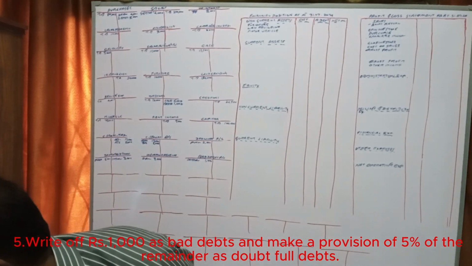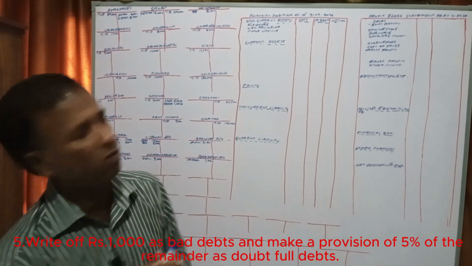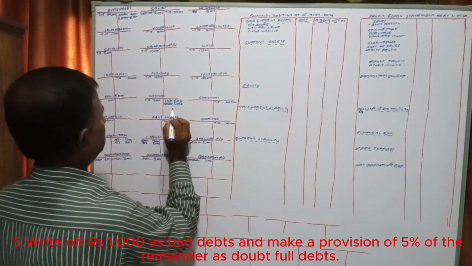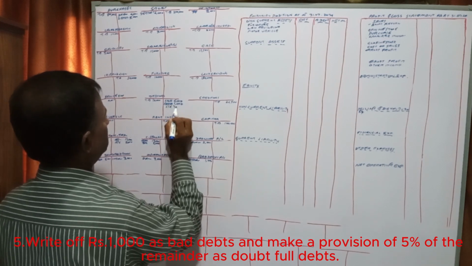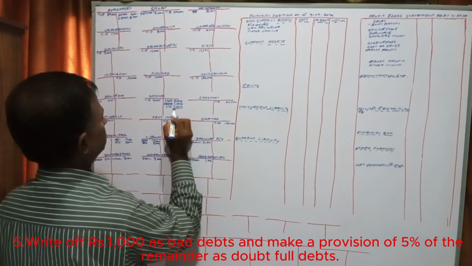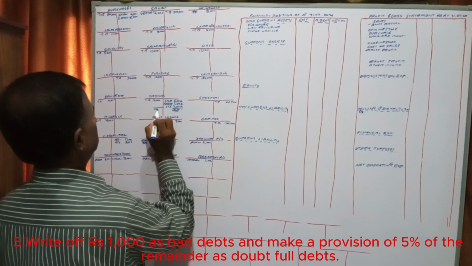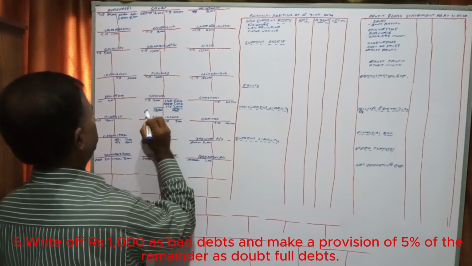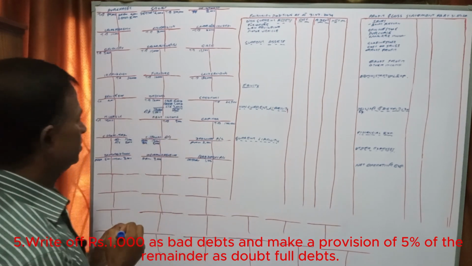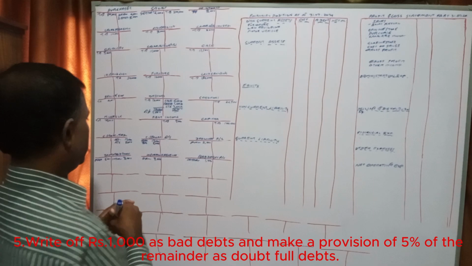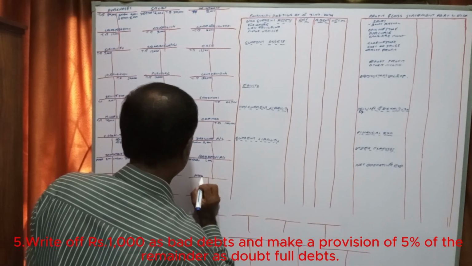Further, they say make a provision of 5% of the remainder as doubtful debts. What is the remainder amount? Carried down amount is 3,000, brought forward amount is 3,000. On the 3,000, 5% is 150 provision for bad debts. We will say provision for bad debts or allowance for bad debts.